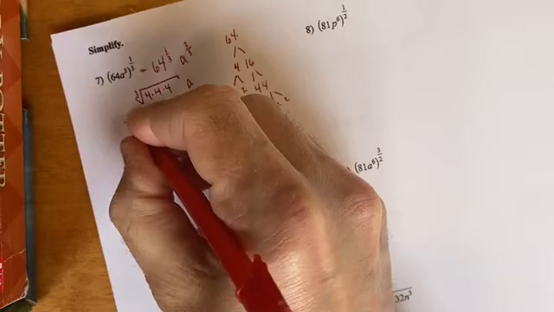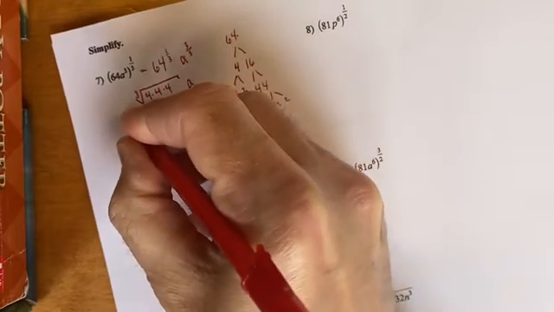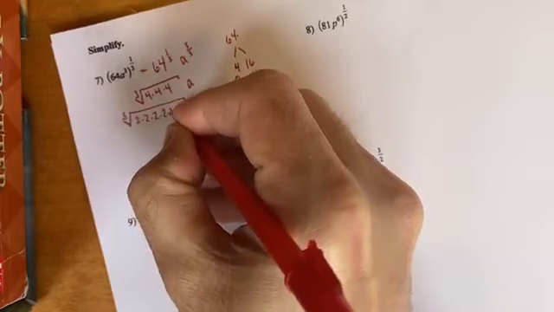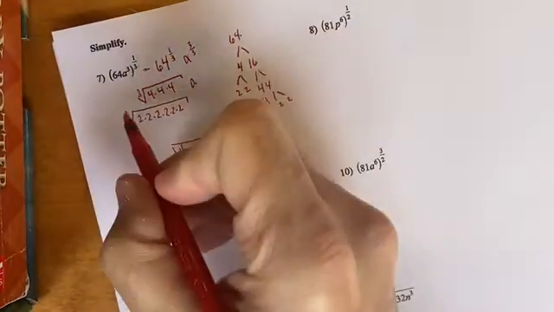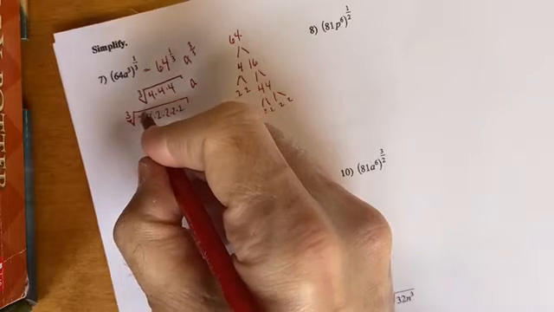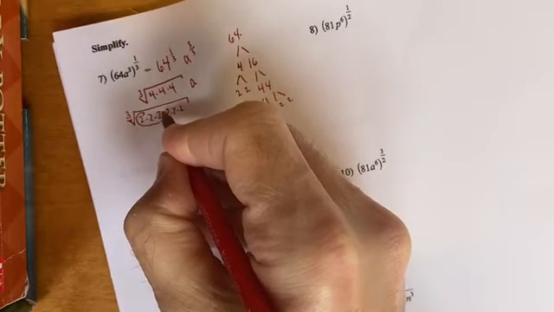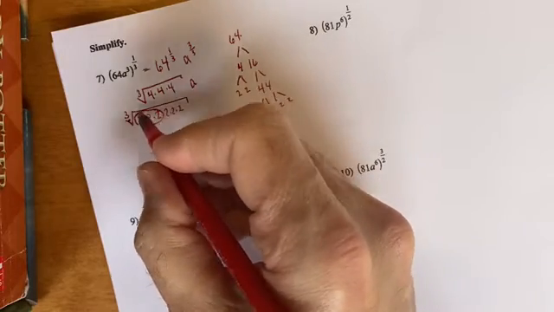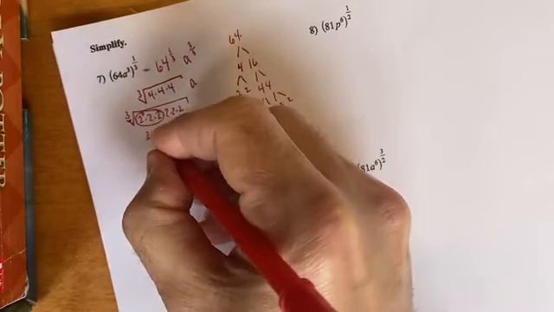Right? It's the 3rd root of 2 times 2 times 2 times 2 times 2 times 2. That's 6 of them. Since that's the 3rd root, you need 3 of the same numbers for 1 2 to come out.